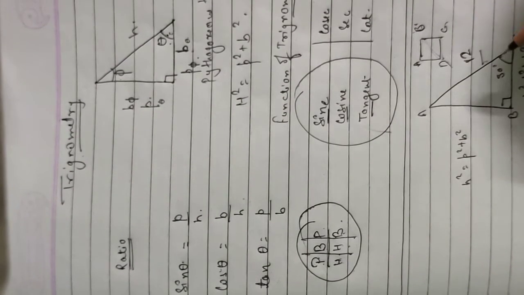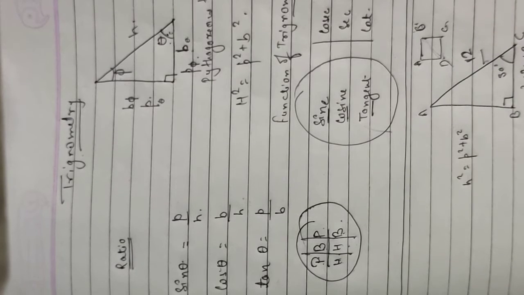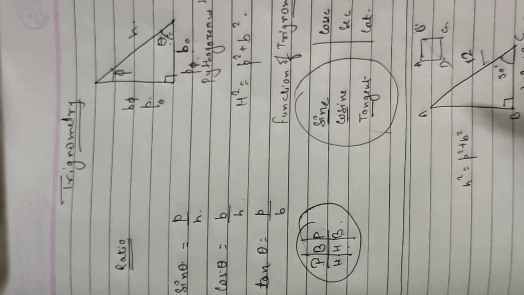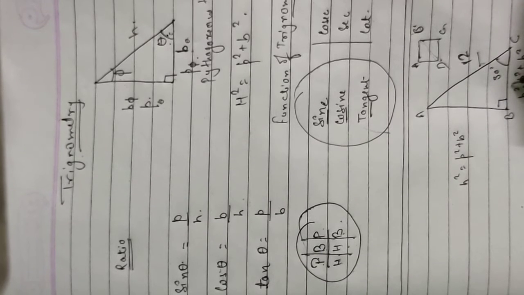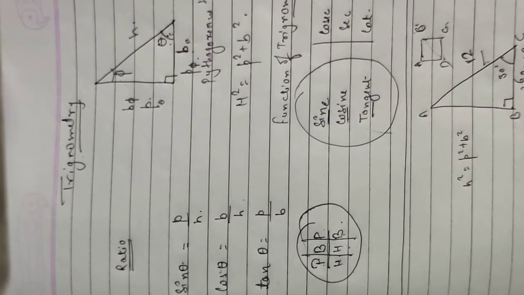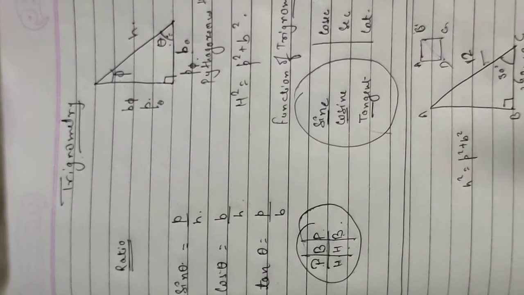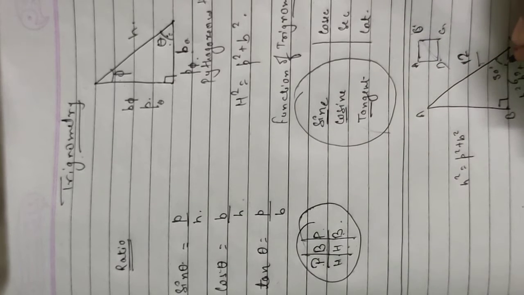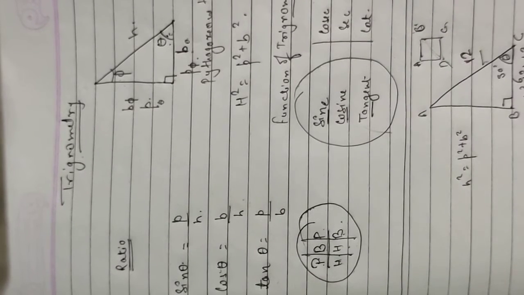Okay, so let's solve a question regarding this. This is 12, and let's mark this as 6. Let this angle be theta. I'm saying find out sine theta, cos theta and tan theta.